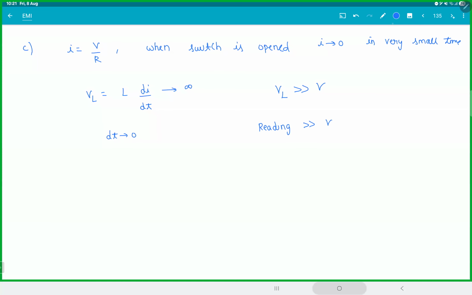And now what happens if you have a very high voltage? Now this will be the high voltage across the switch. If you have high voltage, you also have high electric field because potential difference by distance is the field. Due to the high voltage across the switch, there is a high electric field.